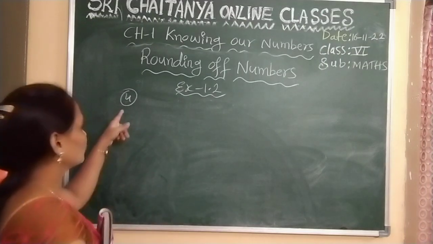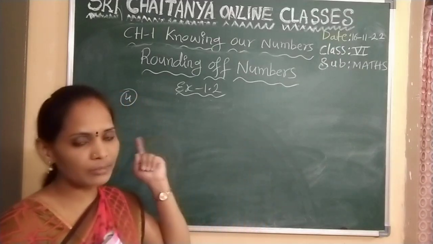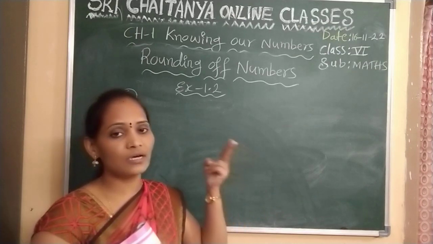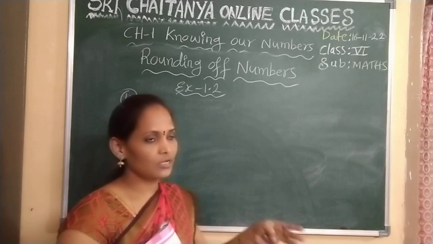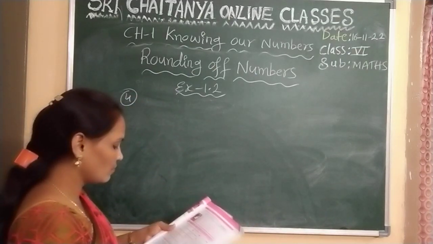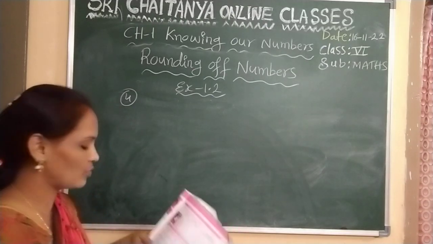Why am I taking the fourth one? Because in this exercise, the first question is based on nearest tens, second nearest hundreds, third nearest thousands. Now the fourth question: how to write the short form of the given expanded form?